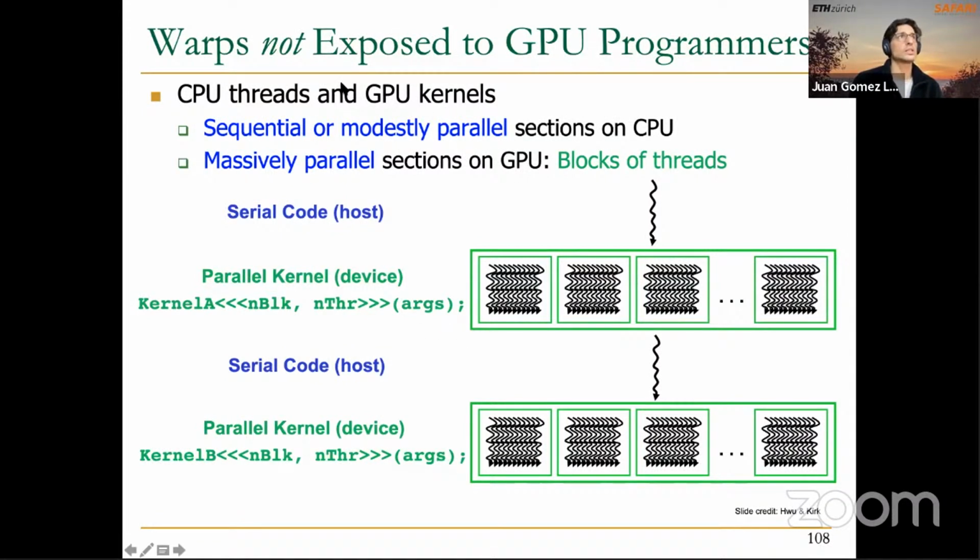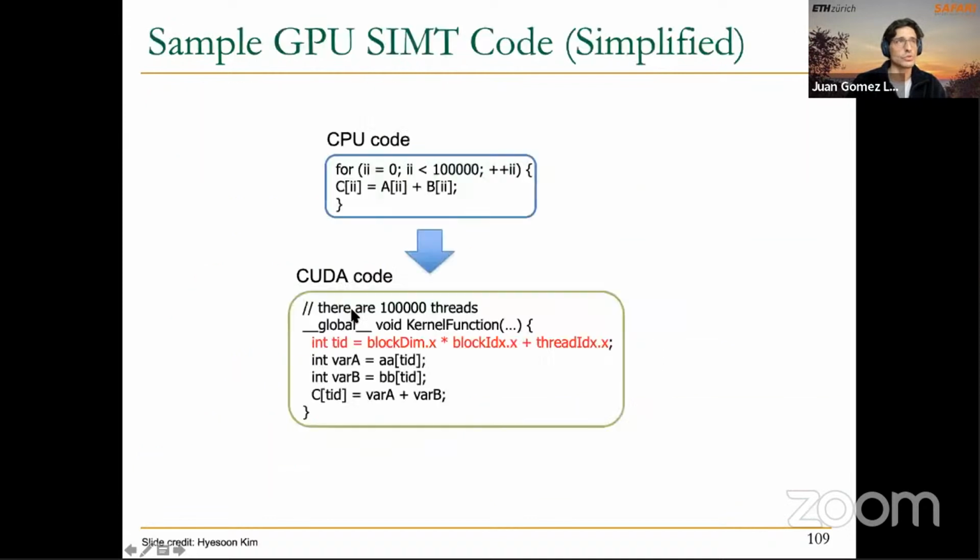So this is why this slide says that warps are not exposed to GPU programmers, because the programmer writes the program for sure, the kernel, and then when launching the kernel decides how many blocks and how many threads per block it needs to use.